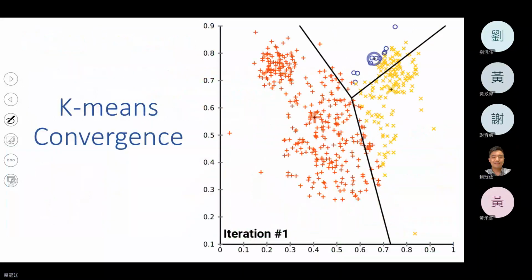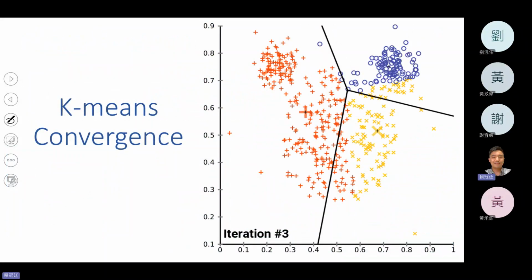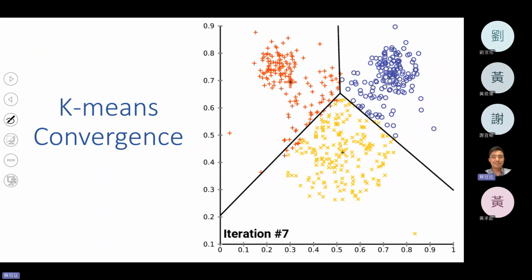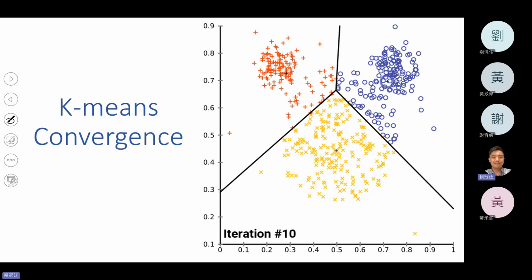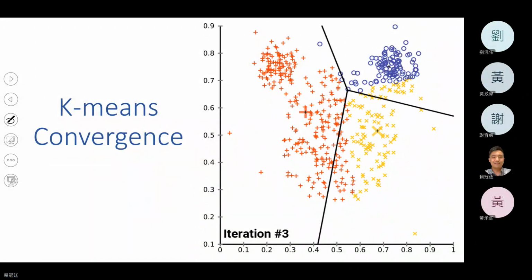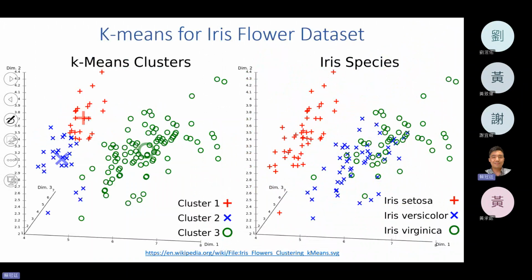Here's a dynamic image showing how k-means is used on, I think, the iris flower data set. It's simple, very effective and very useful. But k-means is simple, so it's bad for nonlinear, non-separable data.